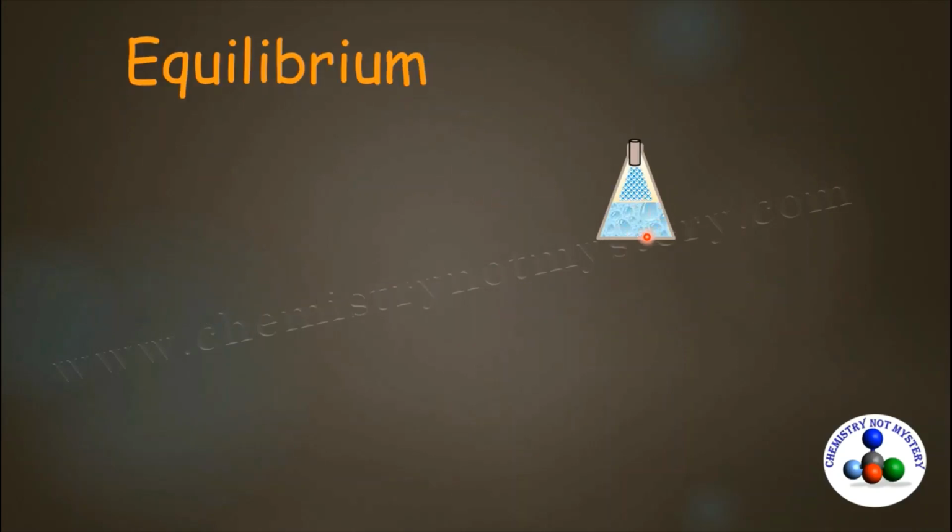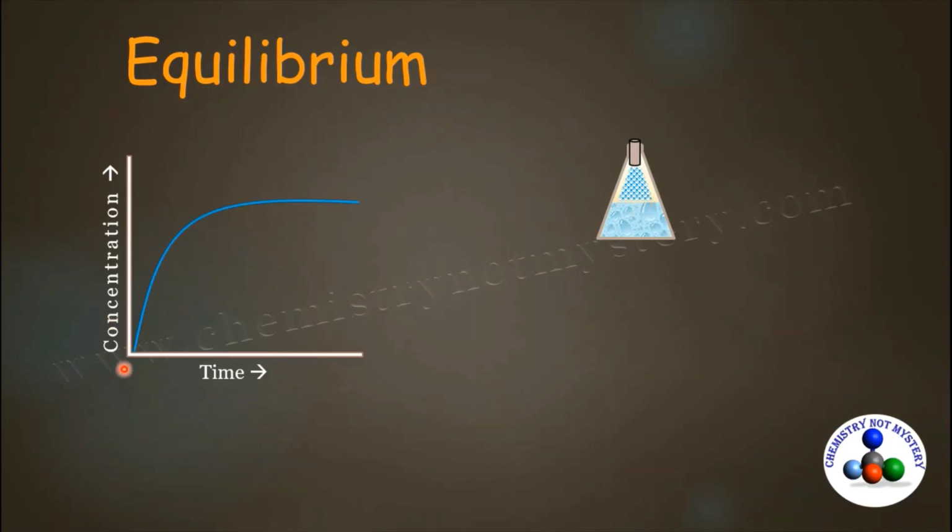Let's examine the same reaction. This time we are going to plot concentration on the y-axis and time on the x-axis. When evaporation just started, the concentration of water vapor was very low, but gradually it started building up and attained a constant value. In the beginning, concentration of water was high, but it decreases gradually and attains a constant value.